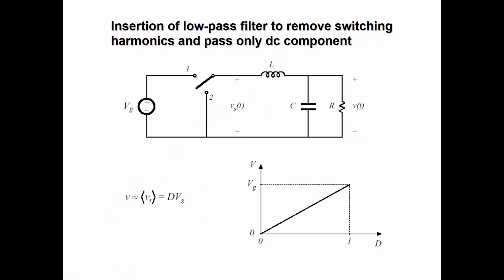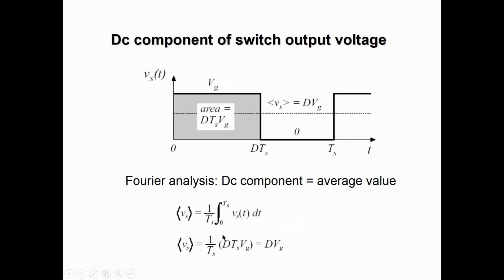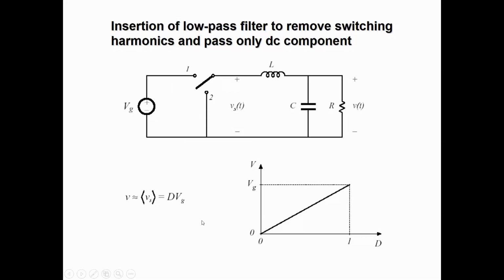These ripples will be eliminated through this filter, and the load will receive the desired DC voltage. So this output voltage is equal to DVg. If we take the average value, the Fourier series of this waveform, we get DVg. So V is equal to DVg.